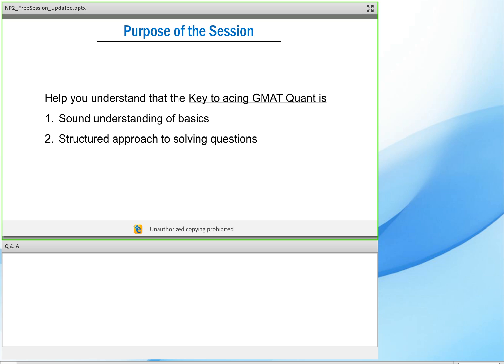The other takeaway that I want you to have is that getting a Q50 or a Q51 on GMAT quant is not about doing the math. It is about understanding how to approach the problem. In fact, if you understand how to approach the problem, 9 out of 10 times you don't even need to do the math the way you traditionally used to.